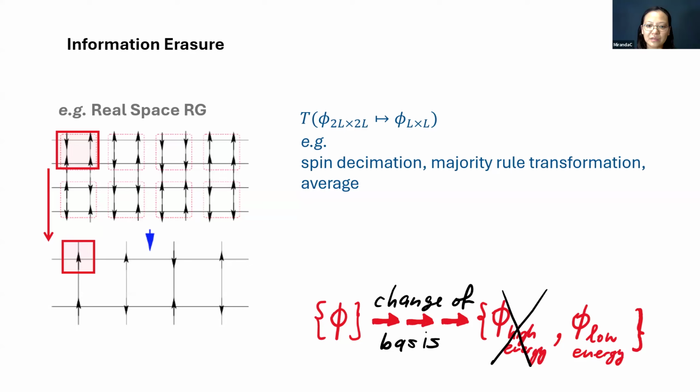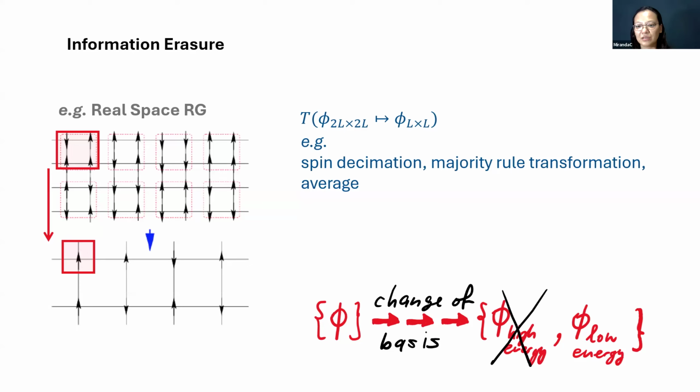The process of real space RG often involves taking a 2x2 block of spins, or whatever other degrees of freedom you have, and mapping it onto just a 1x1 block. In this way, you make the lattice spacing coarser, and clearly you lose information.